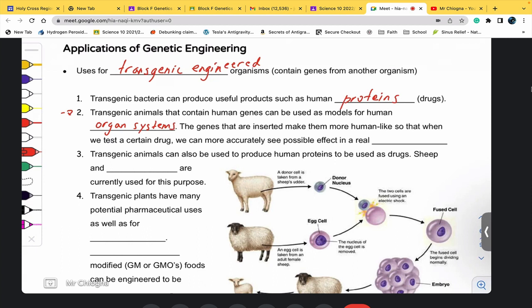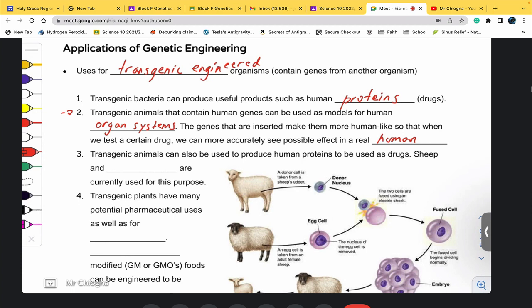The genes that are inserted make them more human-like, so that when we test a certain drug, we can more accurately see possible effects in a real human. Okay, because the animals take on characteristics in their organs or their organ systems that are similar to ours.